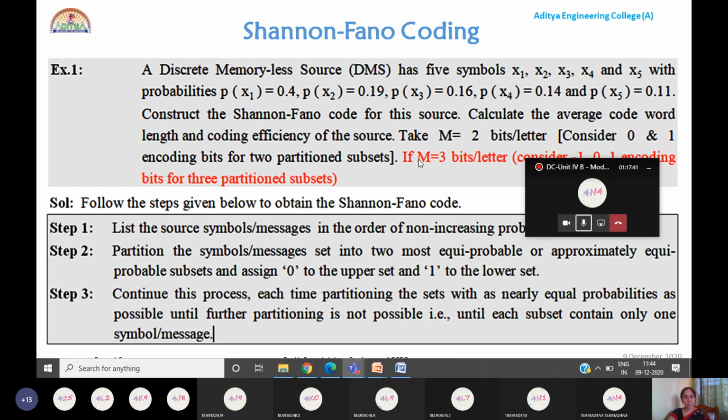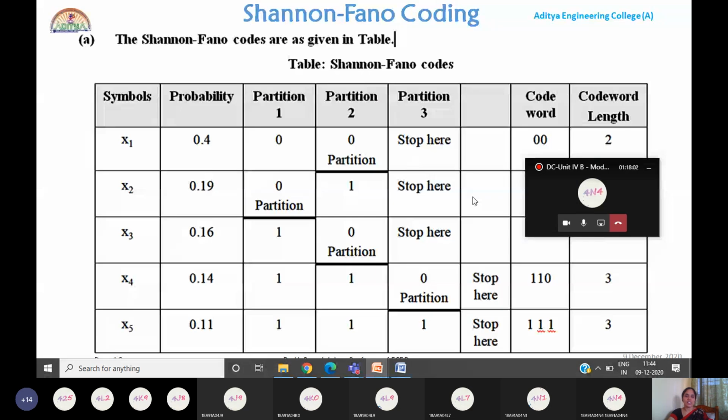So what is the expression for code efficiency then? H of x divided by L into log m base 2, that is log 3 base 2. Take that as homework and please tell me what is the efficiency. Is there any change in the efficiency, or is there any increase or decrease?